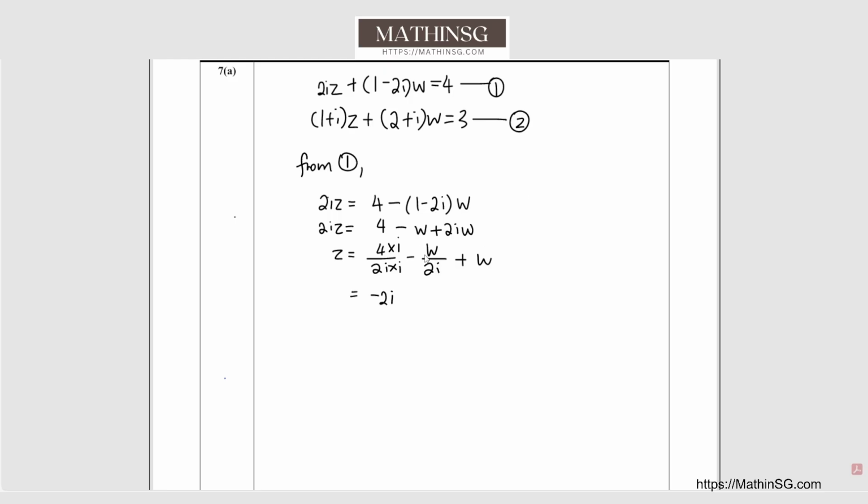But before that, I want to show the working, just need to show what you did. For such simple things, you don't need to show again, like 4i over negative 2, so it's negative 2i. Then you have iw over 2i squared, so 2i squared is minus 2.